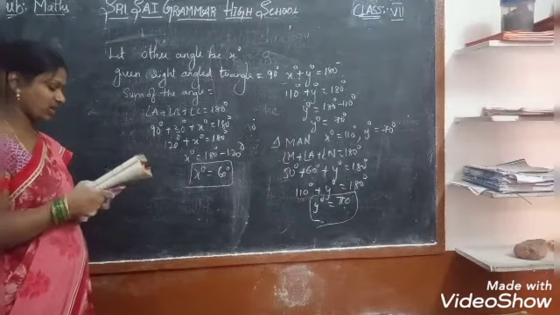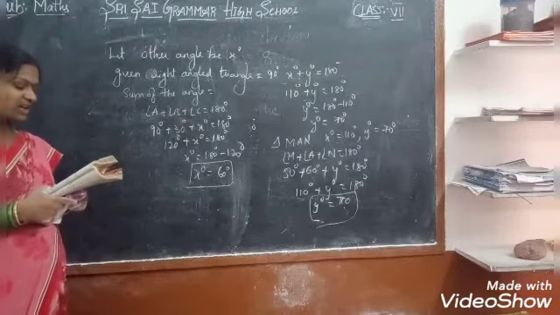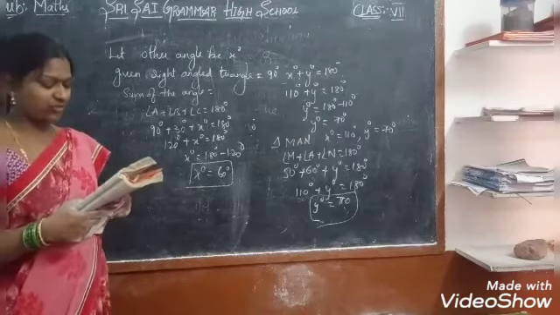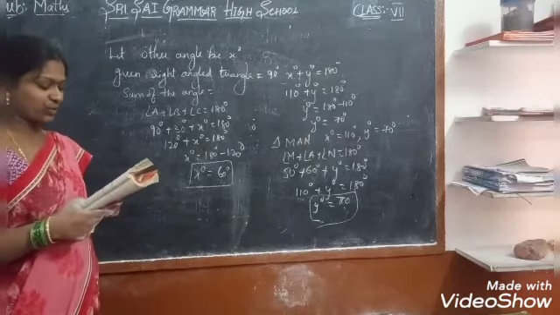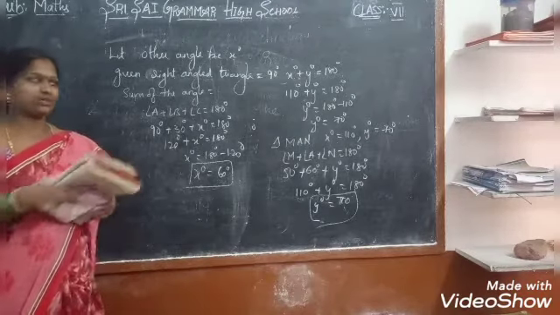Now the angles of a triangle are in the ratio 1:2:3. Find the angles. Given that the ratios are 1:2:3, from the sum of the ratio we have to find the angles, and the sum of the angles of the triangle equals 180 degrees.